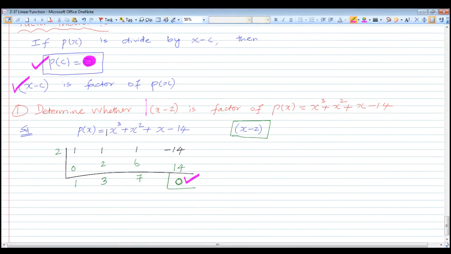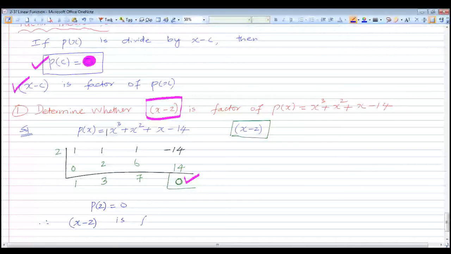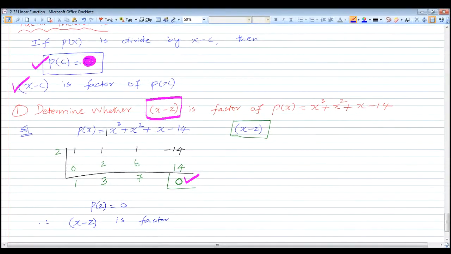Therefore, I can say this is a factor of the polynomial. I write: since the remainder P of 2 is 0, therefore x minus 2 is a factor of P of x.